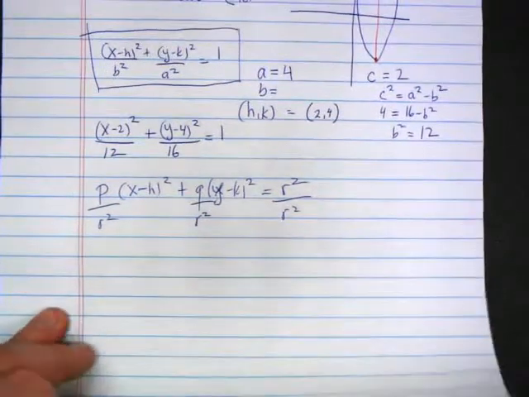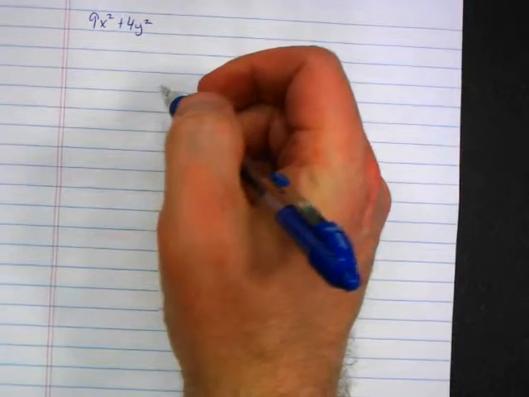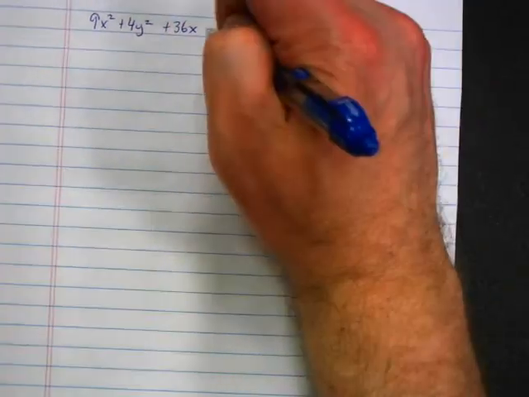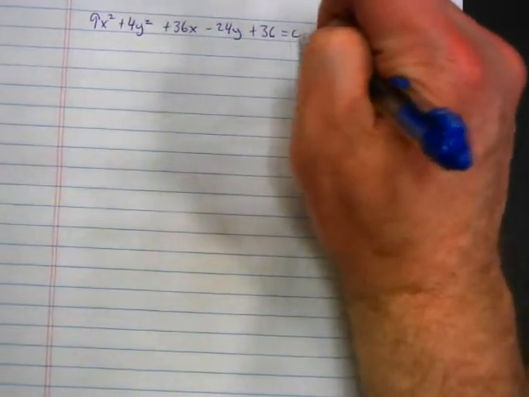All right, how about if I gave you, let me steal one out of the book here so it comes out nice. 9x squared plus 4y squared plus 36x minus 24y plus 36 equals 0.